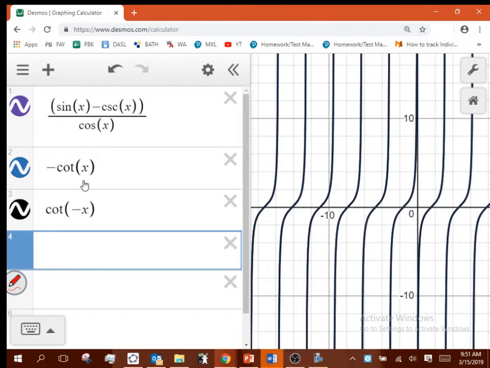Now, what they try to do a lot of times on tests and WebAssign is this: I don't want to sit down and grade these and have 40 different answers that are all right, because then I actually have to do the problem 40 different times. So in my directions I will say, rewrite or simplify this expression so that one trigonometric function is left over and it has a positive argument, or something like that.